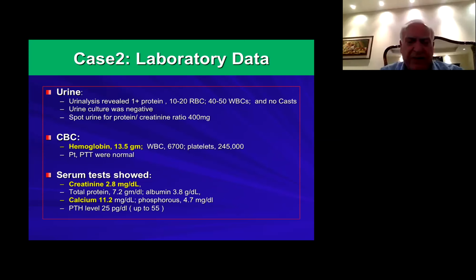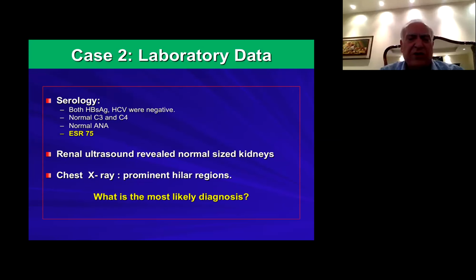So it's not hyperparathyroid-related hypercalcemia. Serology is all negative, ESR is 75, normal ultrasound by size, chest X-ray shows prominent hilar region. What's the most likely diagnosis?